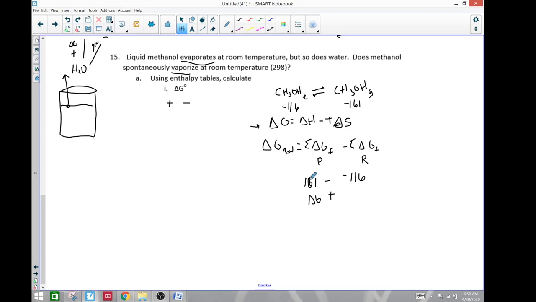So it's going to be 161, and that would be a negative here. So we're going to end up with a negative value, negative 45. So in this case, the delta G equals a negative 45 kilojoules.